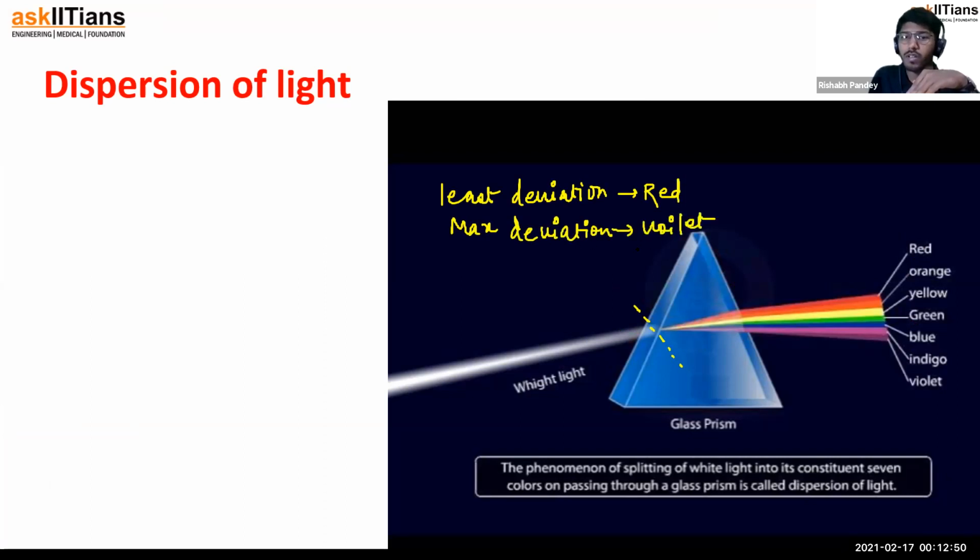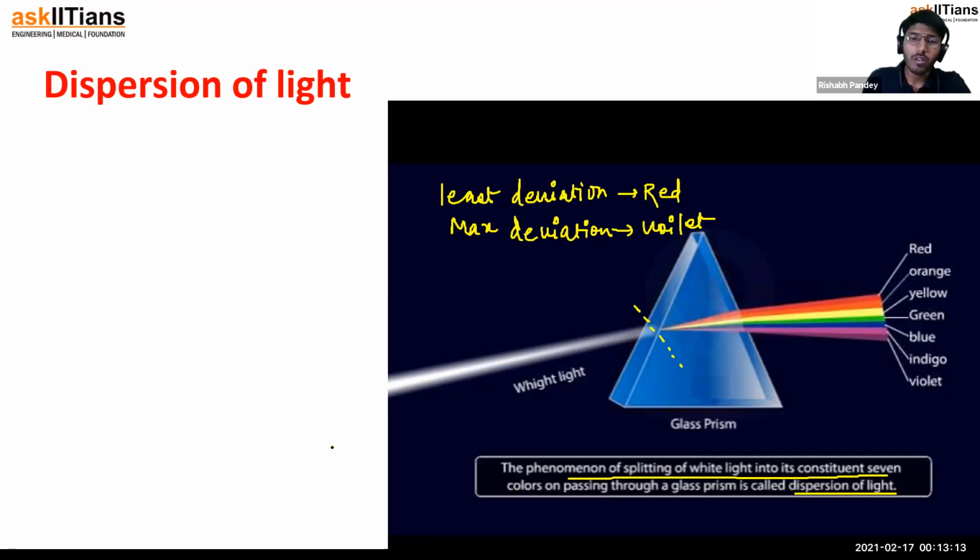Basically, violet is the light which is maximum deviated, and red is the light which is least deviated. And this phenomenon of splitting of white light into its constituent colors is called the dispersion of light.